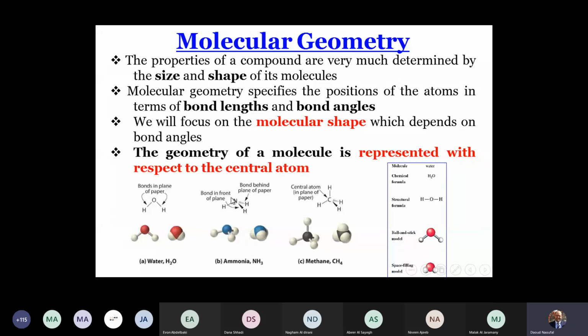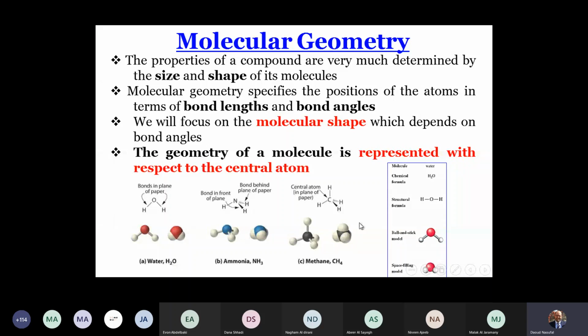If you write Lewis, you have to complete the non-bonding electrons on nitrogen and on oxygen. So this is the structural formula, ball and stick, space filling. For methane, this is the structural formula, ball and stick, and space filling.